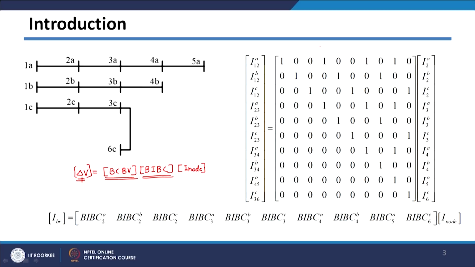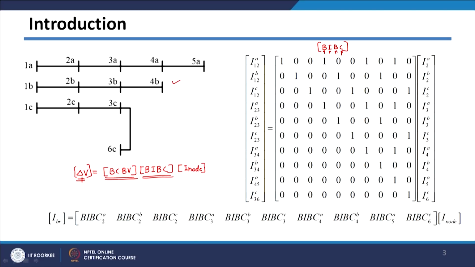These matrices look something like this. We have seen this BIBC matrix for this particular network, and we already saw how to construct the BIBC matrix when we studied the load flow analysis. BIBC is basically the bus injection to branch current matrix.